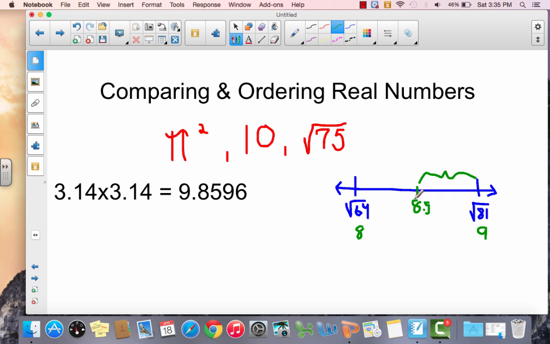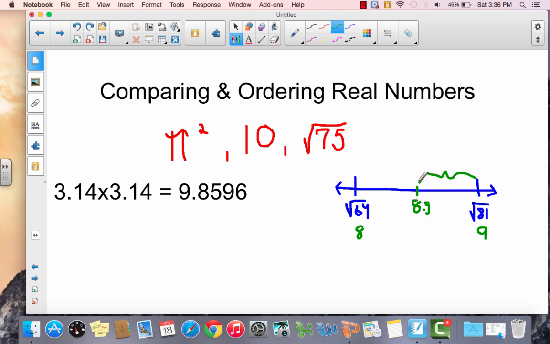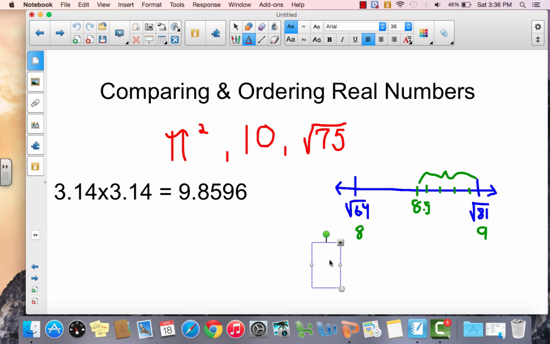I know in between 8.5 and 9 I have 8.6, 8.7, 8.8, and 8.9. So I'm going to start off, I'm going to try squaring 8.7.